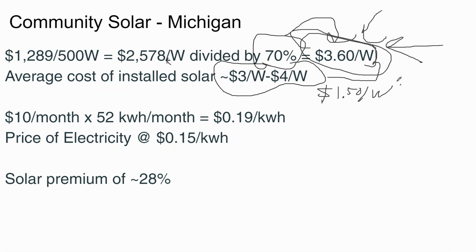Our competitive advantage is that we can put the solar array out in a field and install it for $1 to $1.50 a watt, and we can make the profit instead of the residential installer, and we can make a lot more profit than what the residential installer could make.